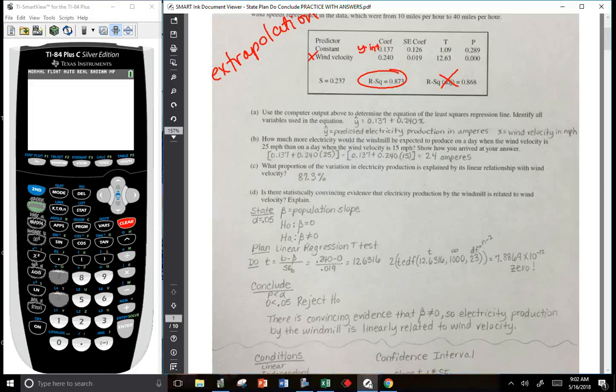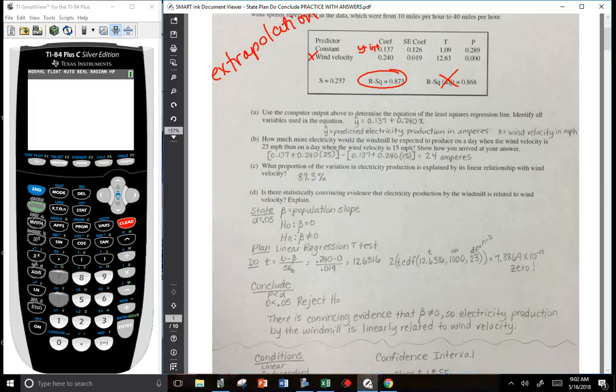W-E-A-K, weak. Between 0.5 and 0.8 is a moderately strong relationship, if they like to see the word moderate. And then from 0.8 to 1, obviously 1 is perfect, but between 0.8 and 1, you have a really strong relationship. You don't have to write the word really, but it's a strong relationship. You okay with all that?